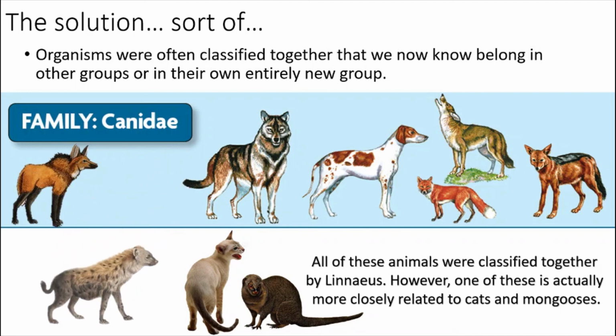The hyena. Hyenas actually have more genetically in common with mongooses and cats than they do with canines. But now, thanks to modern science and scientific technology, such as carbon dating and genetic testing, we can now fix many of these issues that we've been seeing within cladistics.